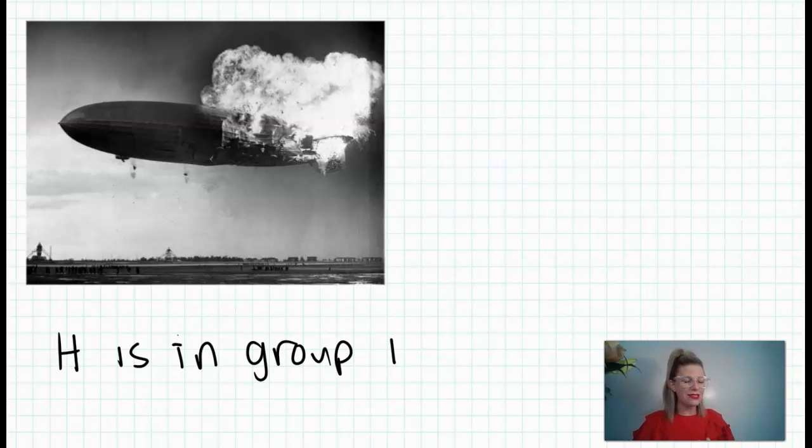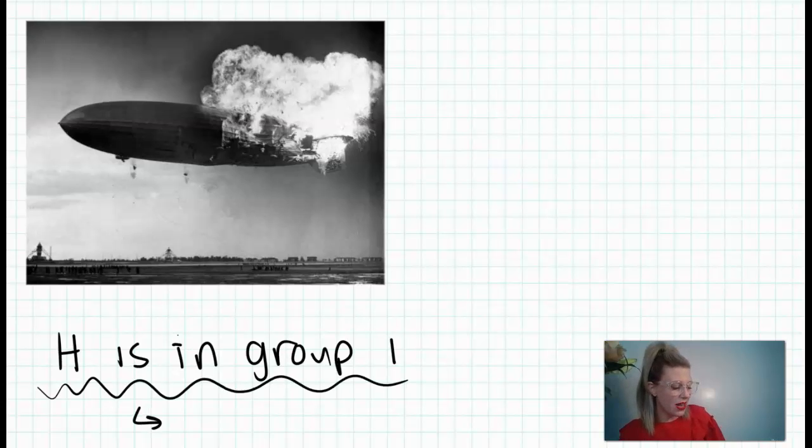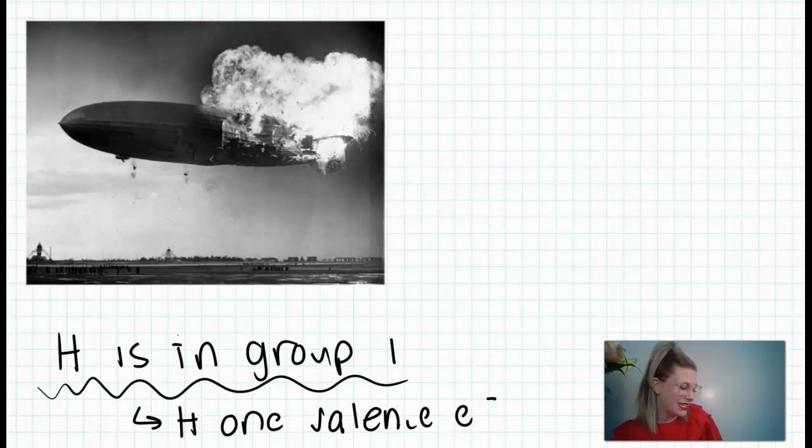So why does it belong in that group 1? From yesterday's conversation, remember that H has 1 valence electron. And so that indicates already why it is placed in that group. But I did also want to take a moment to talk about the chemical properties. So hydrogen is actually extremely reactive, and a great example of this reactivity is the Hindenburg disaster of 1937.